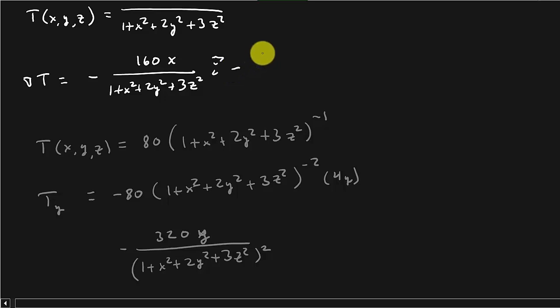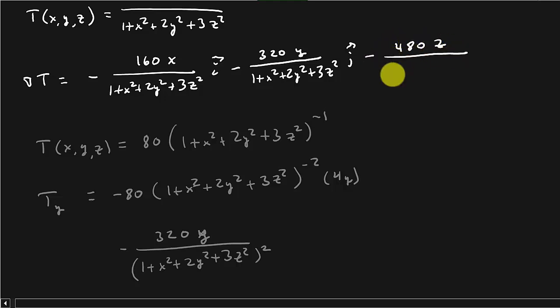So that's going to be negative 320y over (1 plus x squared plus 2y squared plus 3z squared) squared, times vector j, minus, and when we do the partial with respect to z, that would be 480z over (1 plus x squared plus 2y squared plus 3z squared), and that all squared, times vector k.